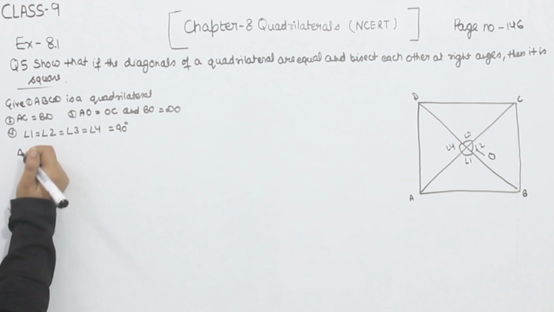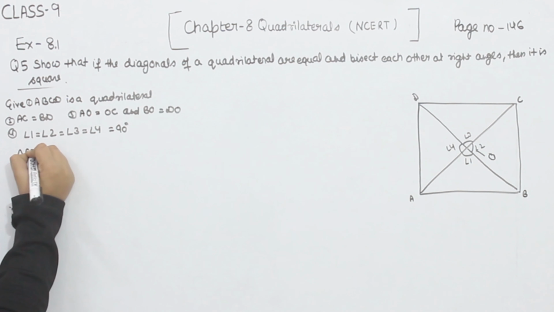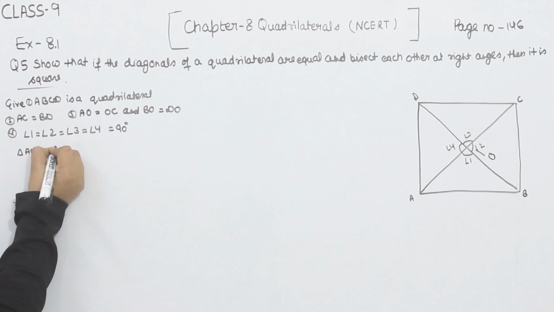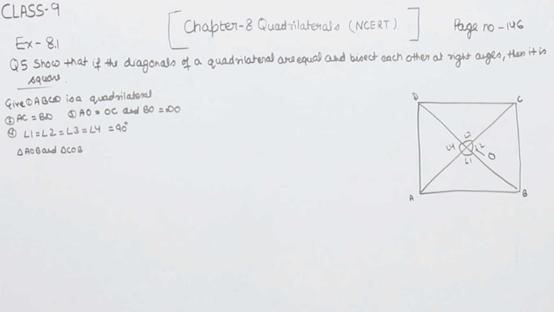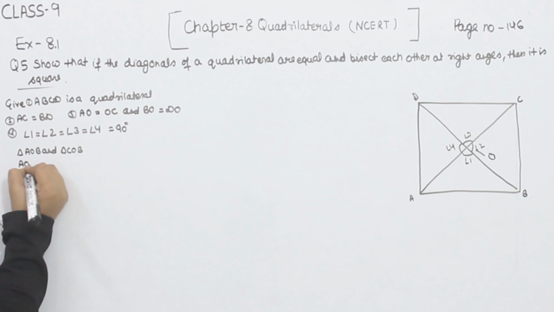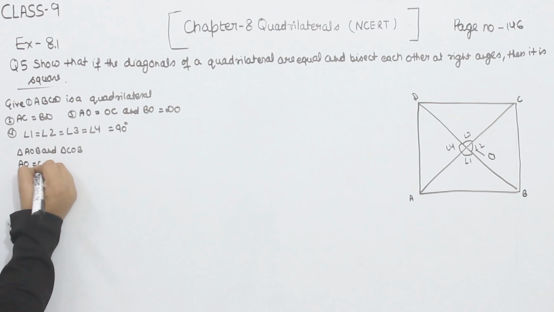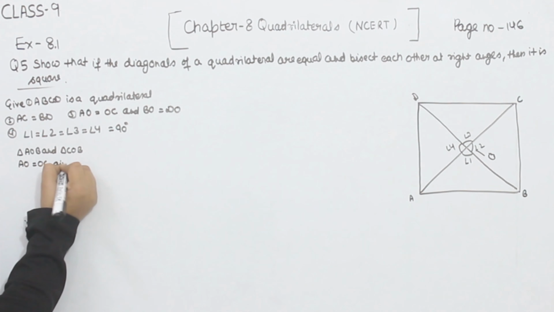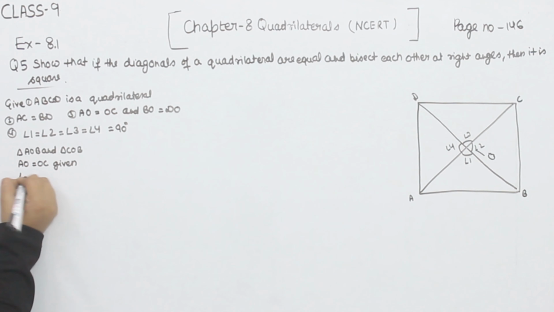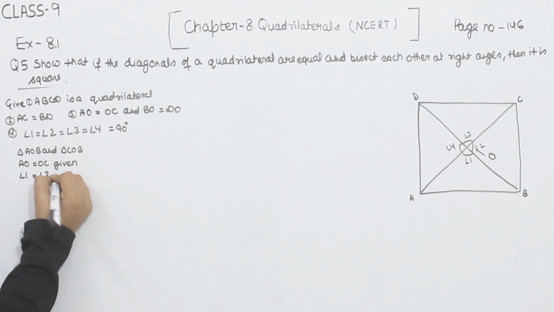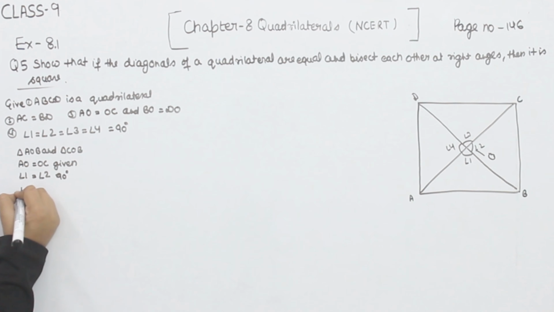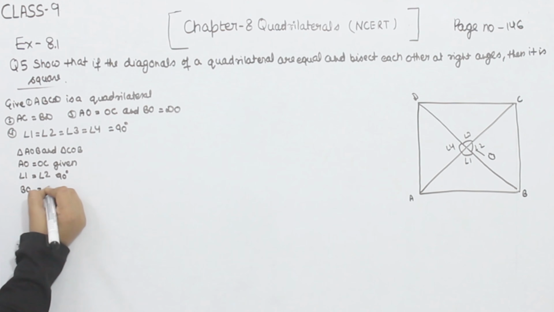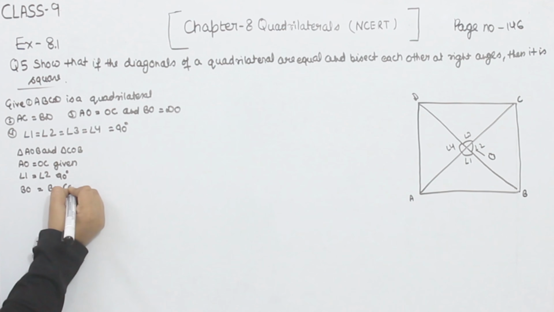So we are going to take the triangle AOB and the triangle COB. In this one we are going to write AO is equal to OC. This one is given. Angle 1 is equal to angle 2. Why? Because they are of 90 degree. And BO is equal to BO. This one is common.